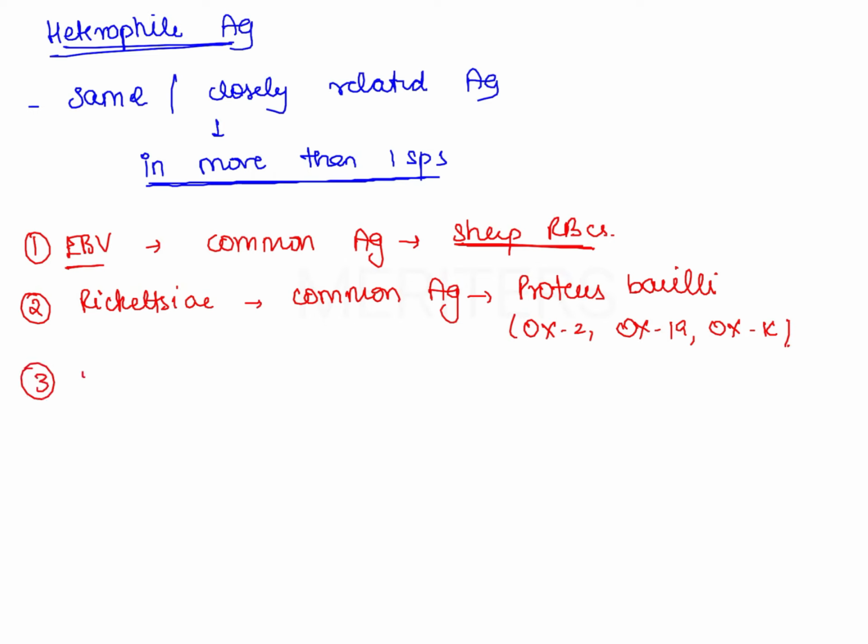Another example is Forssman antigens. Forssman antigens denote a lipid carbohydrate complex present in animals, birds, bacteria, etc. And the antibody generated against the Forssman antigen are known as Forssman antibodies, and the literature states that the Forssman antibodies can be normally present in human serum as well.